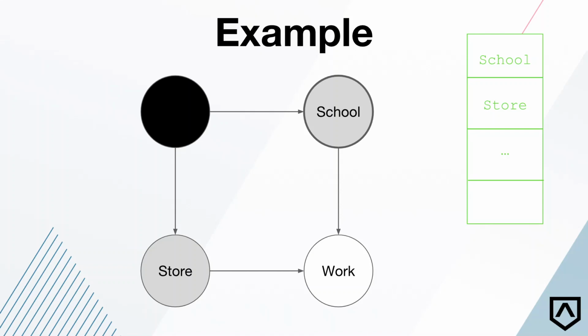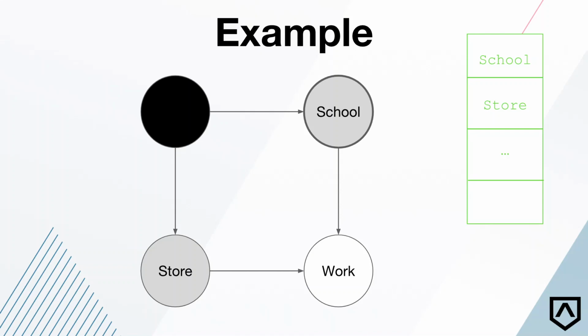Okay. So now, when determining which node to explore next, we're going to go ahead and look, okay, what is now at the top of our queue? Because remember, with a queue, we're following first in, first out, right? Just like a line. So school is next, so school is the next node we will explore.